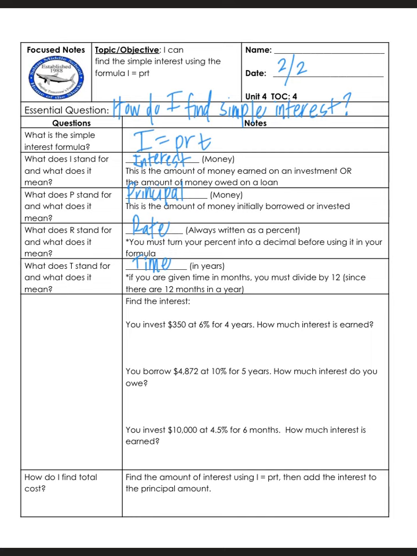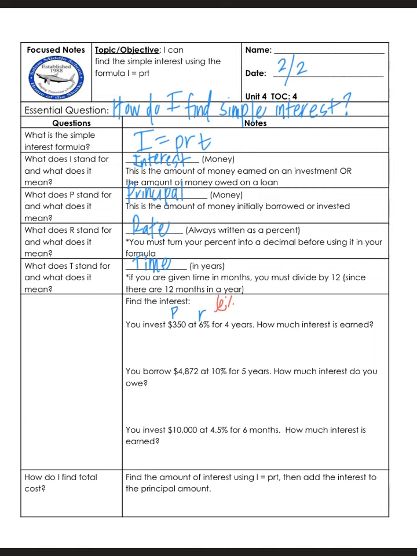So let's go ahead and get started. You invest $350, that's your P because that's your initial amount of money, at 6%. Okay, that is our rate. Before we do anything, let's change that to a decimal. So I'm going to write 6% again.